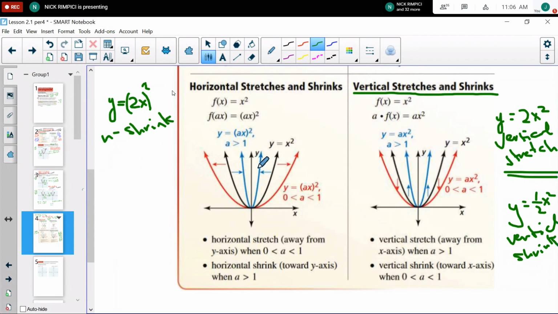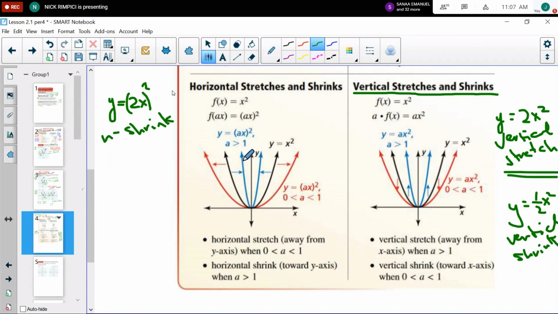Horizontal shrinks sort of appear like vertical stretches. Okay, there's a relationship that exists there, which we're going to see in a little while. So when you shrink horizontally, you get stretched out vertically.